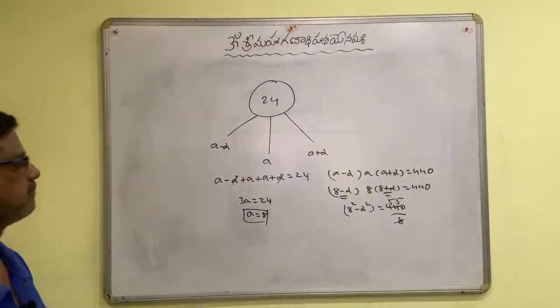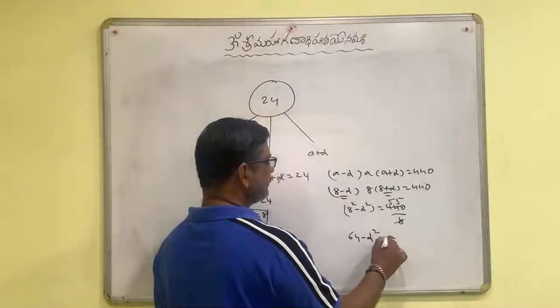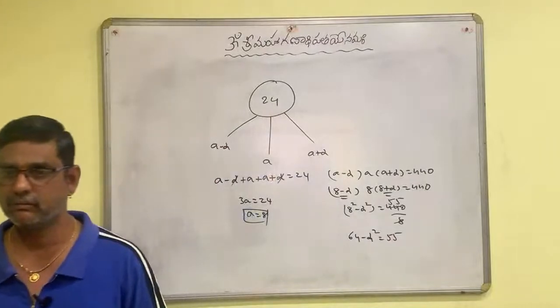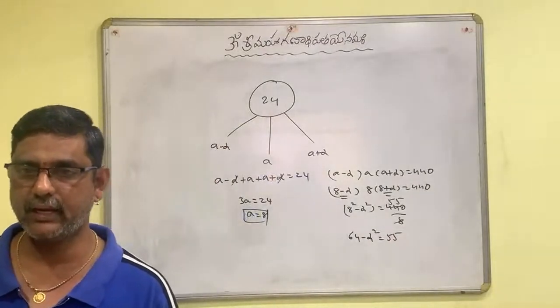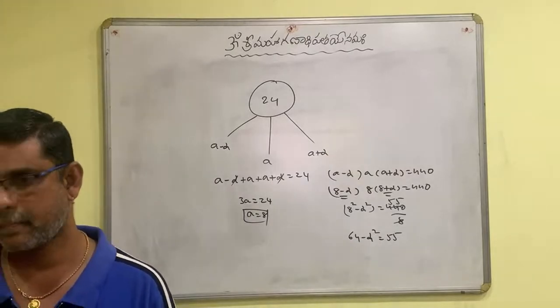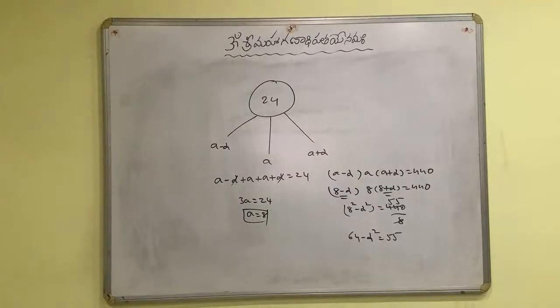Okay na? Now 64 minus D square is 55. Children, find out D square, D value. Sanvi says plus or minus 3. Is that right?